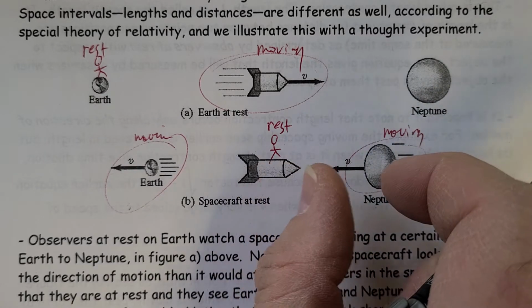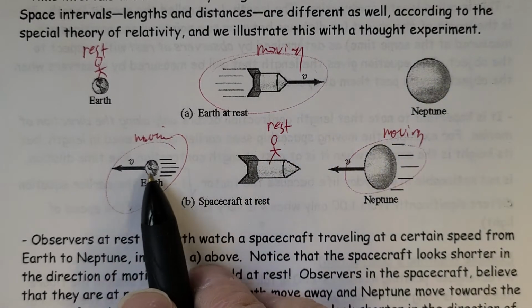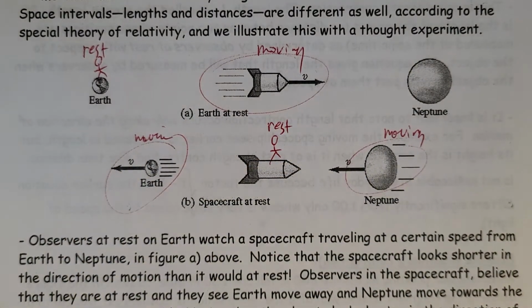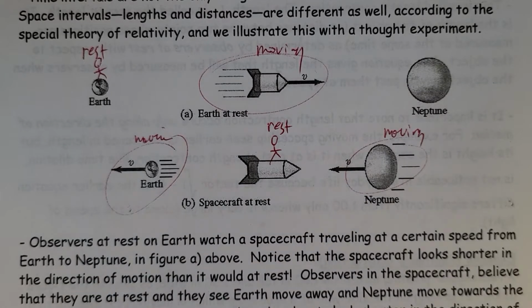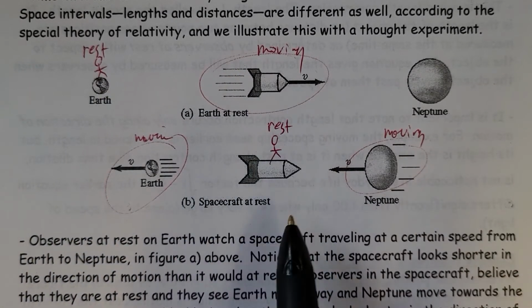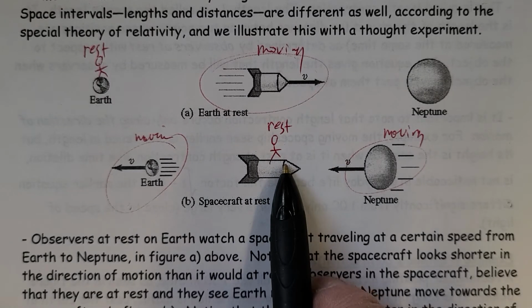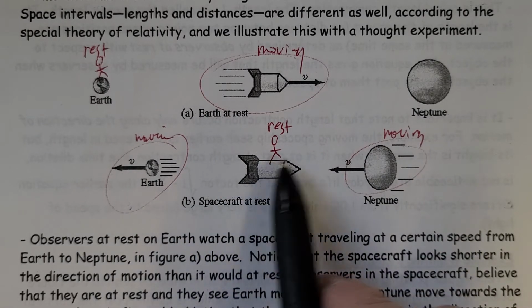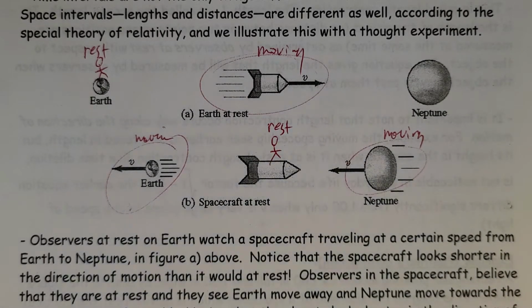Again, it contracts in the direction of motion. Or Earth, it contracts in the direction of motion as well. So if an observer sees something else moving, whether that person is at rest and seeing something move, or perceives him or herself to be at rest and something else is moving towards it, there's a contraction in the direction of motion.